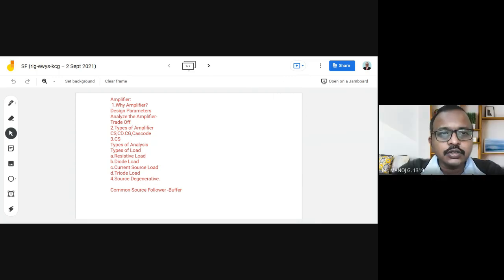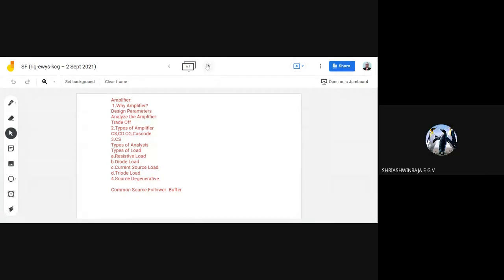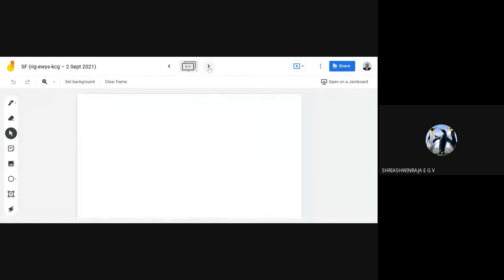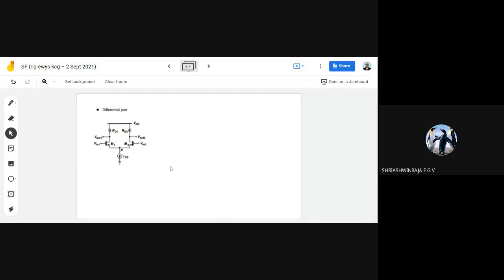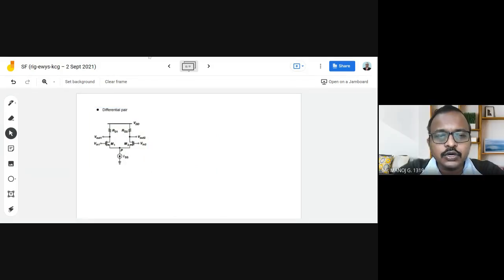Sir, VDD minus RD ISS by 2. This is the circuit you drew. What is the output you got? V out 1, what would be? You're correct only, tell boldly.